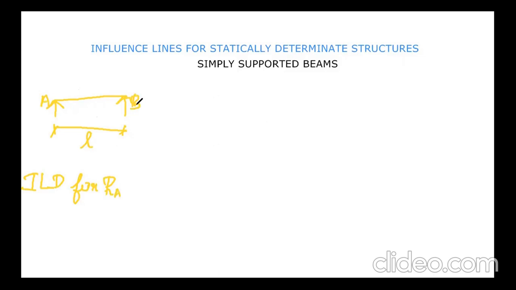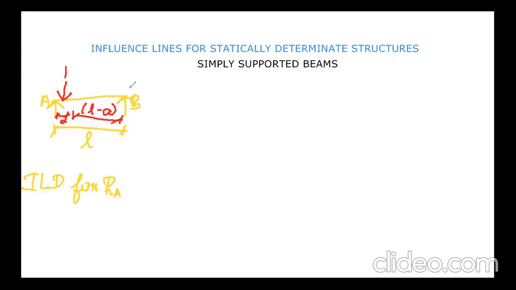Now we are going to find the influence line diagram for the reaction at A. For that, we apply a unit load on the beam at a distance of a from the left support. If it is a, this portion will obviously be L minus a.